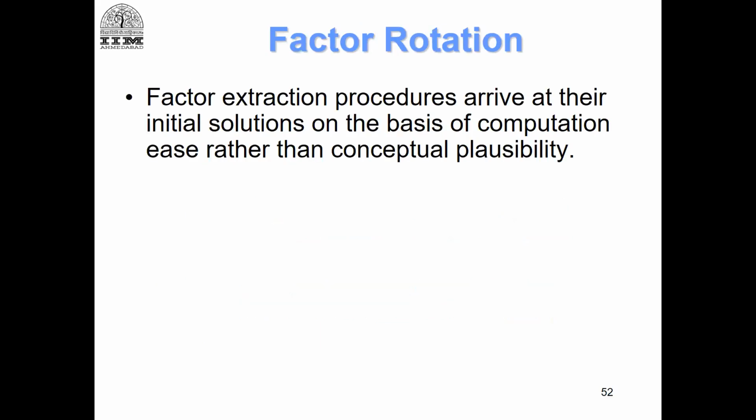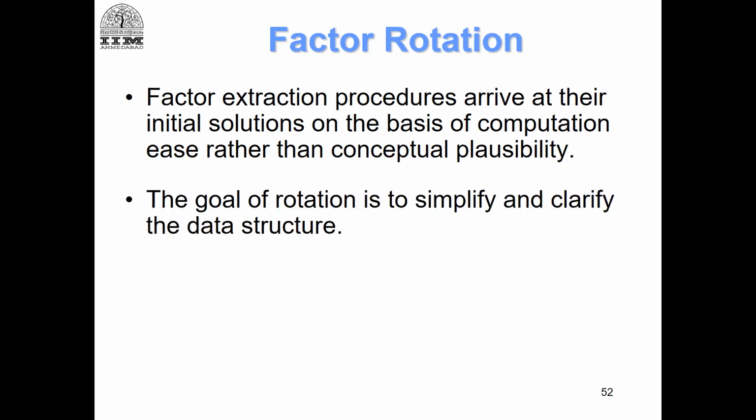The last thing that we would like to come to is factor rotation. Now, when we do exploratory analysis, we will get an initial solution. In order to improve our understanding of the major factor on which a particular item is loading, or a set of items are loading, we go in for rotation of the factors.